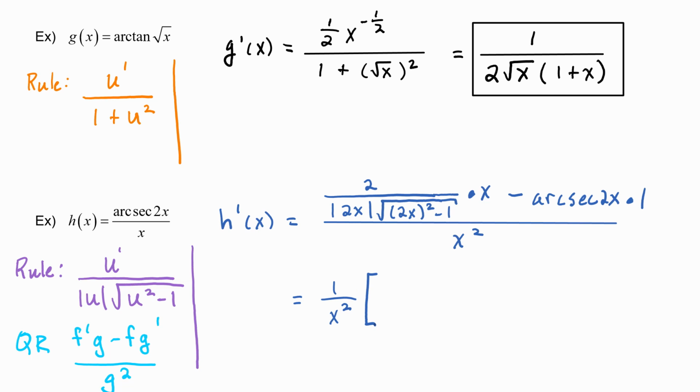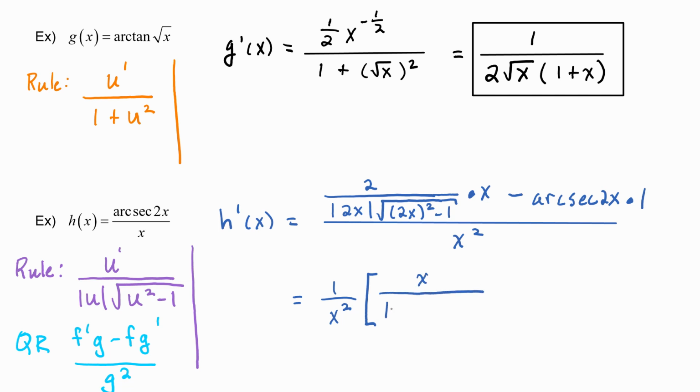And see what we can do to simplify on the inside. Now we have a 2 in the numerator here, and we have an absolute value of 2 in the denominator. Well, absolute value of 2 is 2, so these 2's are going to cancel. We will have an x in the numerator.